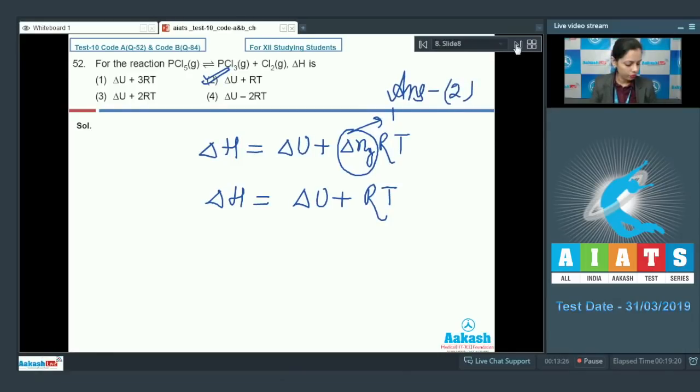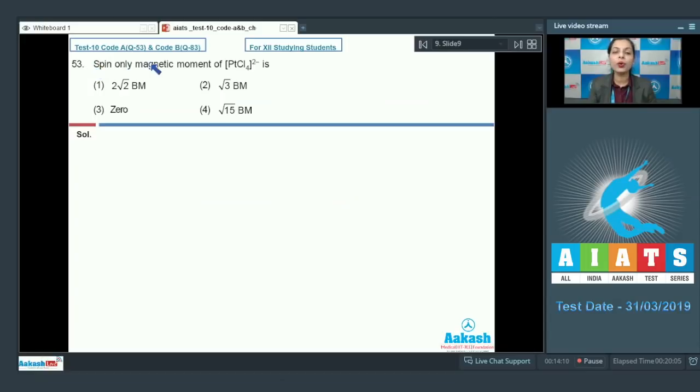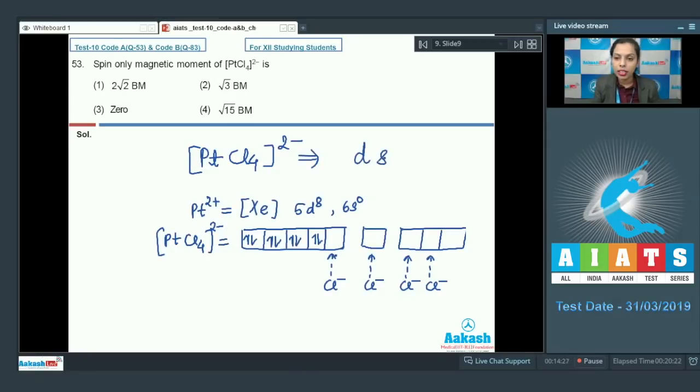Let's take the next question. Question number 53. Spin only magnetic moment of this complex of platinum is. In this case, if we talk about this PtCl4 2 negative complex ion, the hybridization is dsp2.